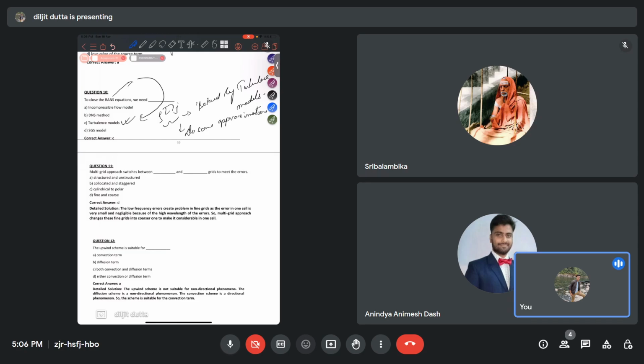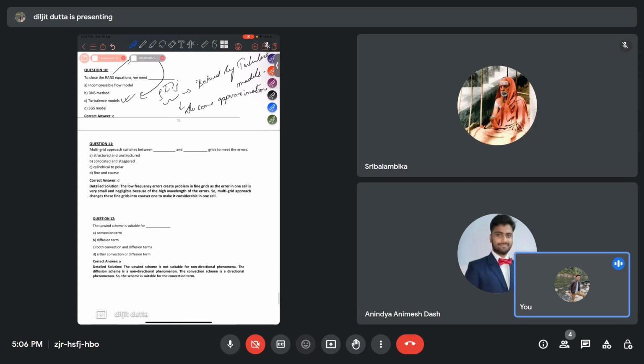Next is, the multi-grid approach switches between dash and dash grids to reduce the errors. So in the multi-grid approach, what we do is we switch between fine and coarse grids. When we are taking very small cells, that is fine grids, there will be low frequency errors, and these create problems in the fine grids.